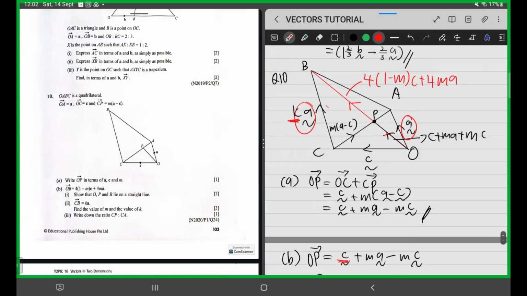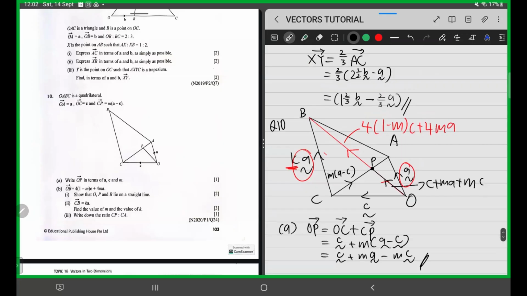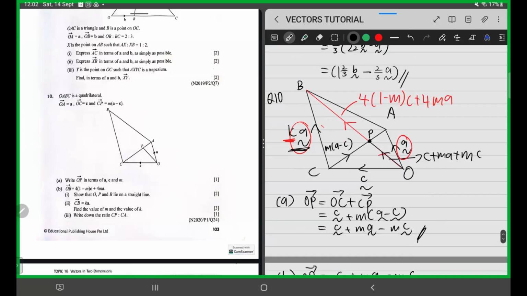So how can we find what is the value of M? Okay, give me a second. Okay, so what we can do is that CB, if we want to walk from C to B, we can walk from C to O and then O to B, right?